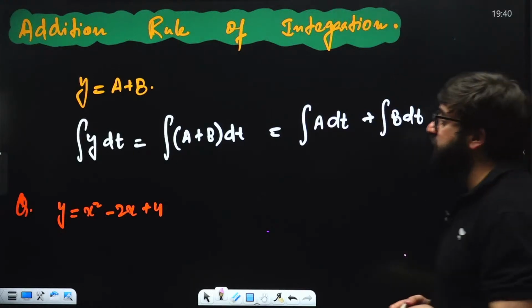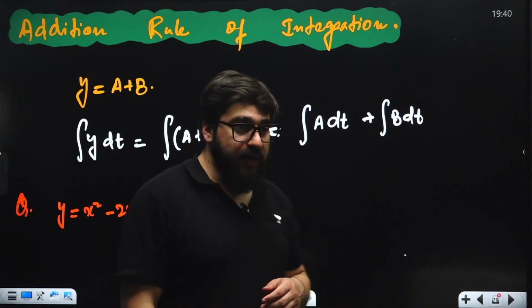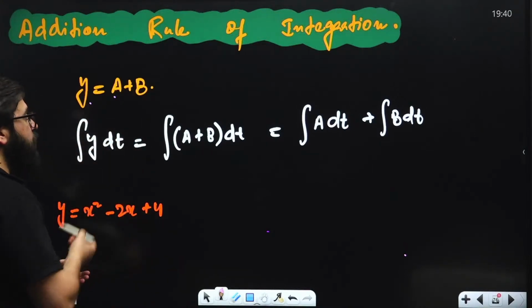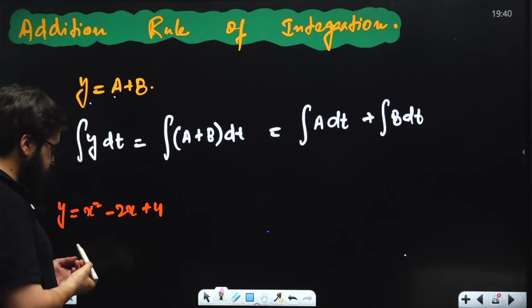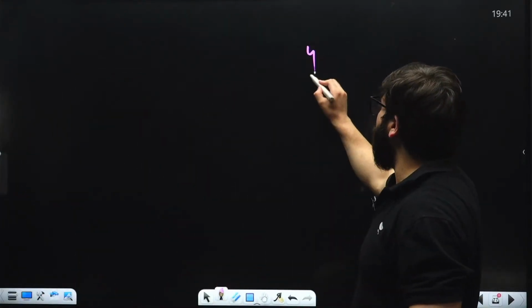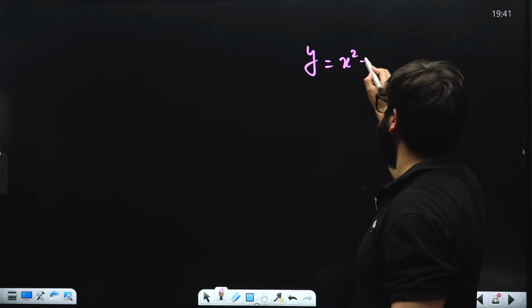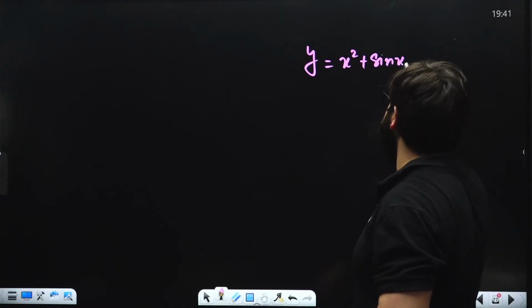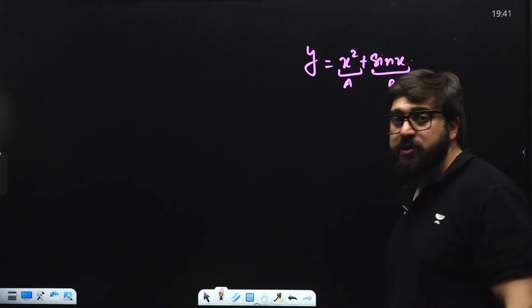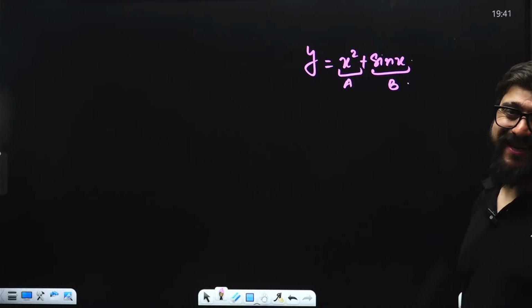Addition rule of integration. Let's suppose you have got y is equal to a plus b, how are you supposed to integrate all of these? Let me give you an example. y is equal to x square plus sine of x. Here this is a and here this is b. How are you supposed to integrate these functions? It is easy.